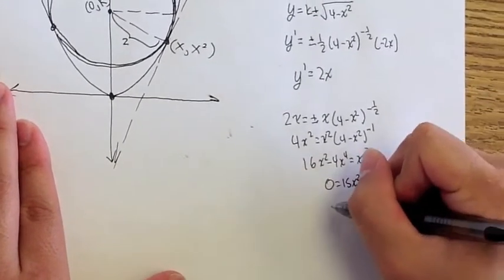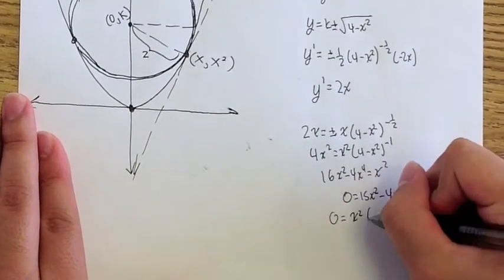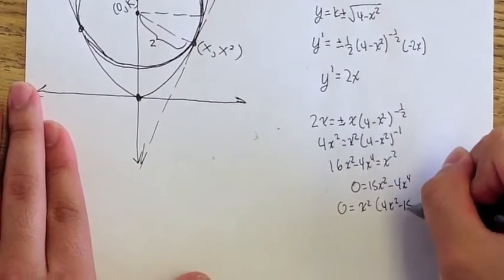So when we find this x value, we'll know that that is the point where a circle and a parabola would have a common tangent line.